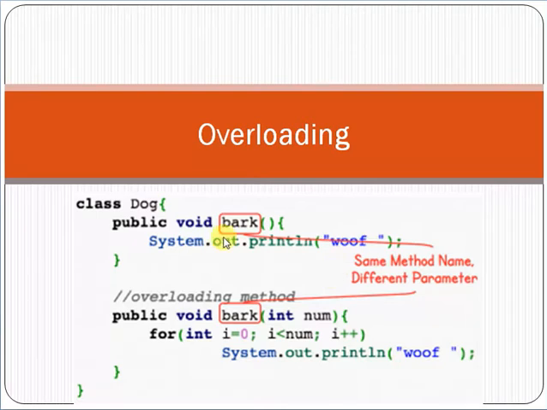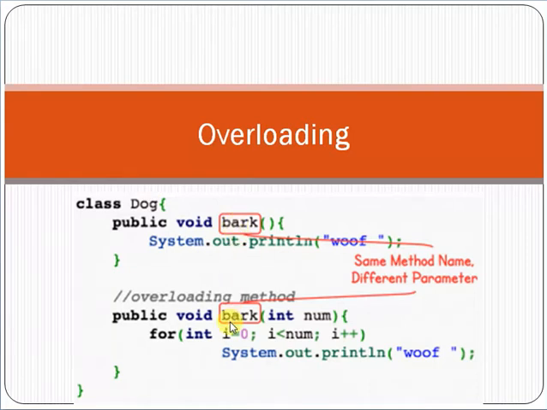See that the method public void bark has no parameter, and the other method public void bark has one parameter, integer num. When we make an object of the class Dog and call the method without any parameter, this method will be called.